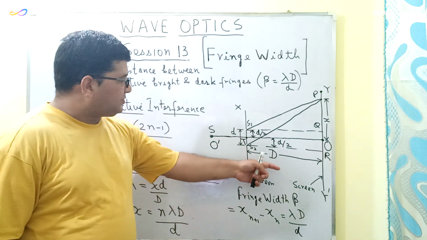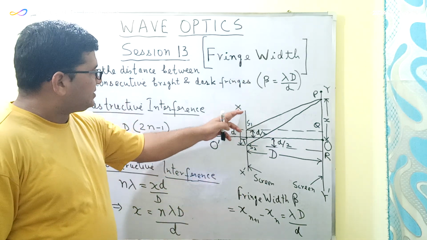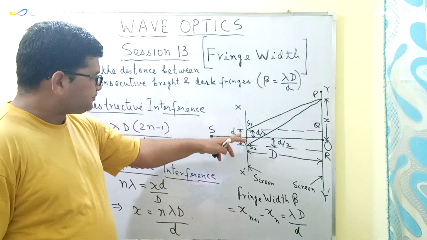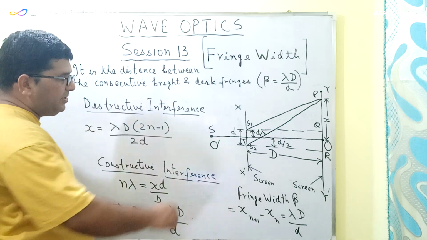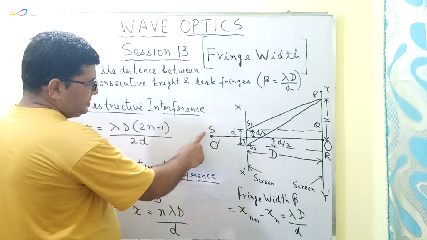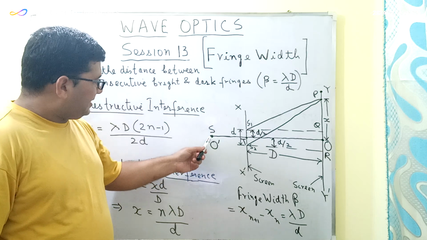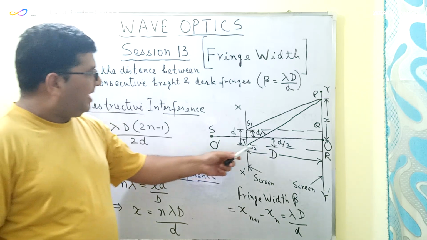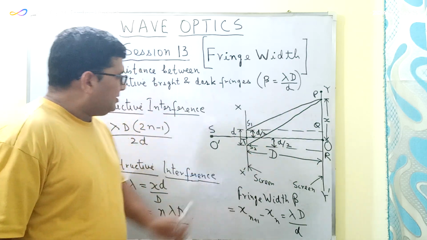So this was a figure which we discussed in the previous session. This is the screen X', in which two pinholes were made, and these two pinholes were illuminated by this single source of light, depicted as S, and this is another screen Y'.